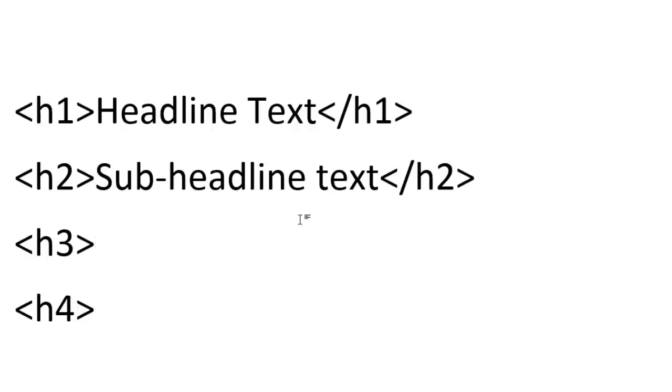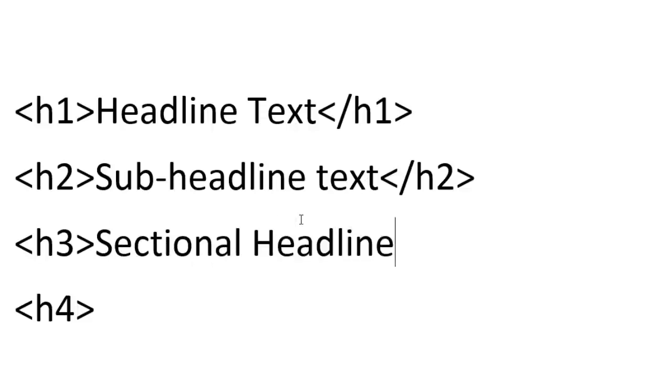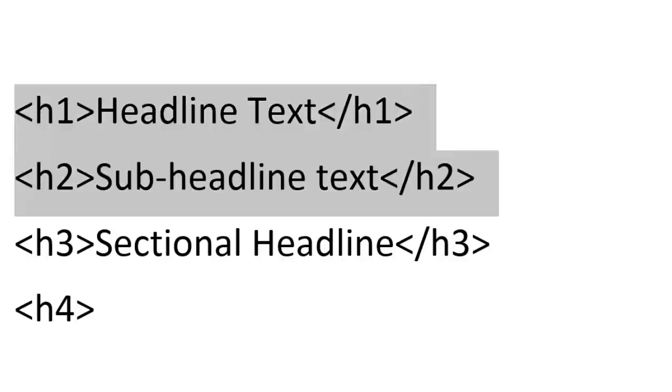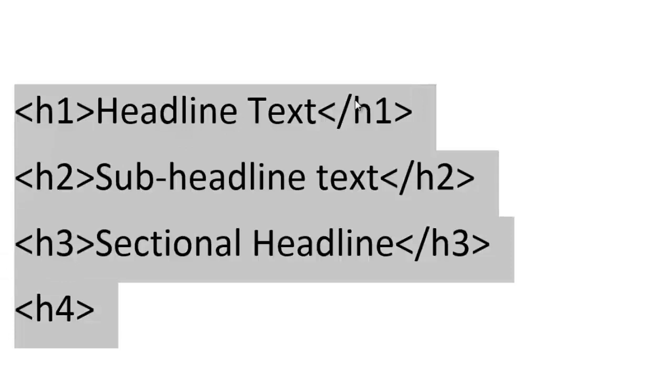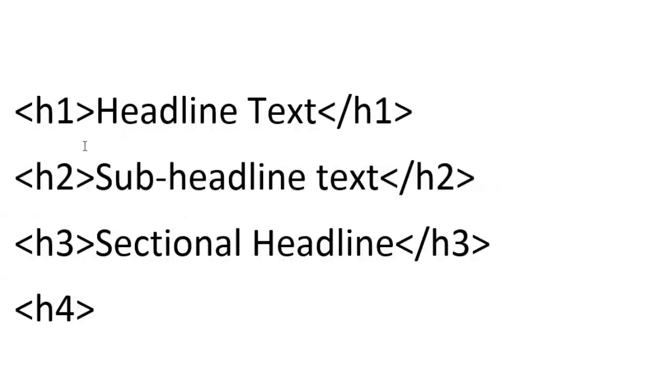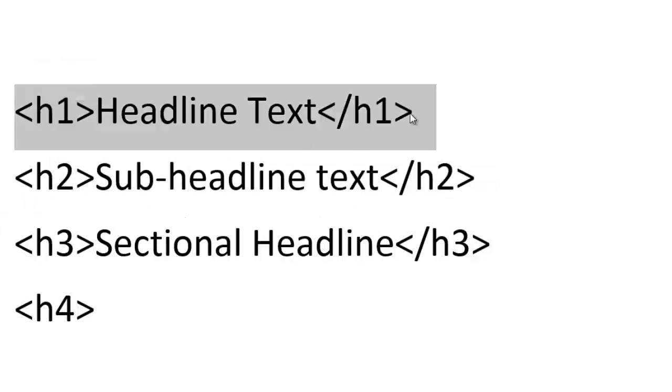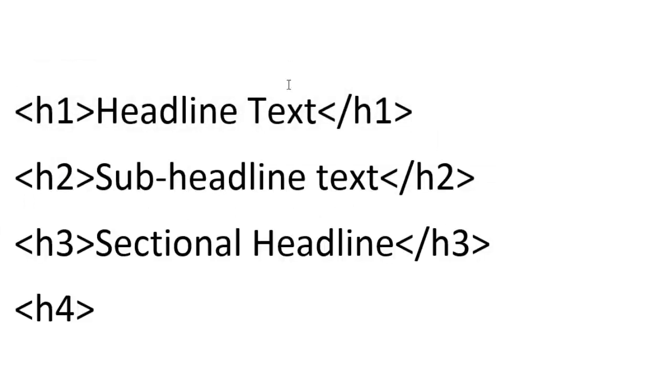And this could be something like a sectional headline, and we close it off with H3. So as the number gets bigger, the heading gets smaller, but it's still a headline. Now, when Google comes along, for example, and reads these headlines, they say, okay, this is a headline. This is a headline. This might be not as important as this headline. We don't know exactly, but that's what we've seen.